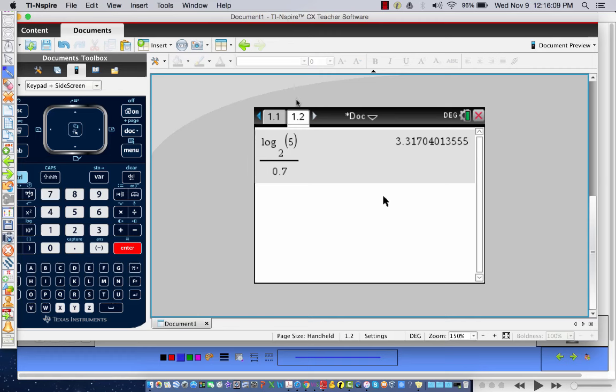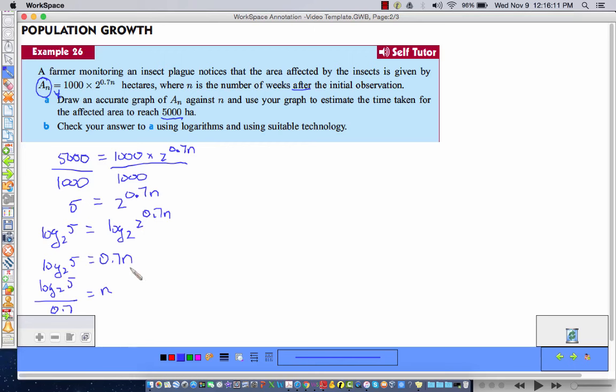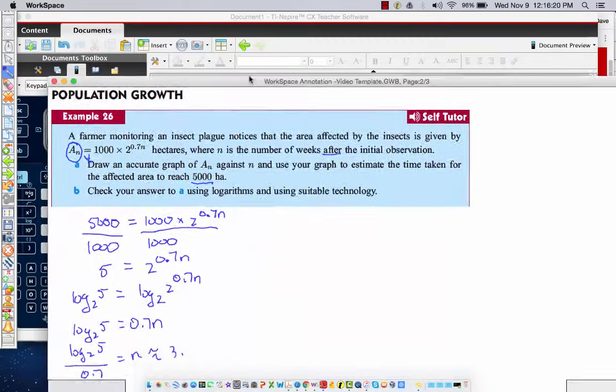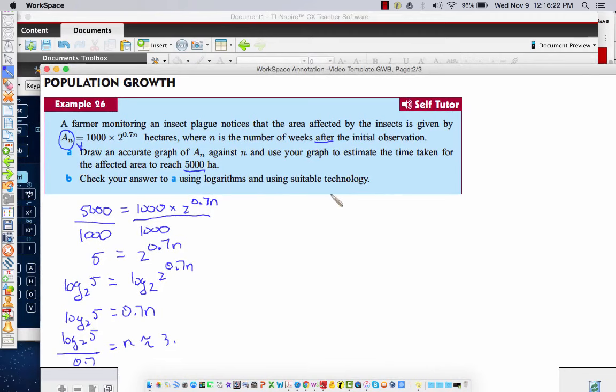So let's write that down: approximately 3.317. Rounded to 3 significant figures, that's about 3.32 weeks, which is a fine answer.